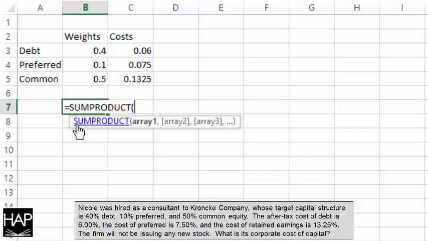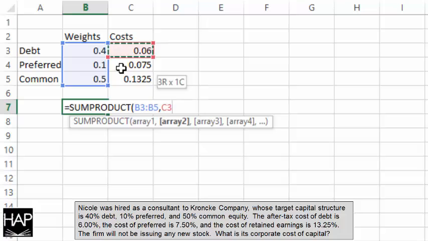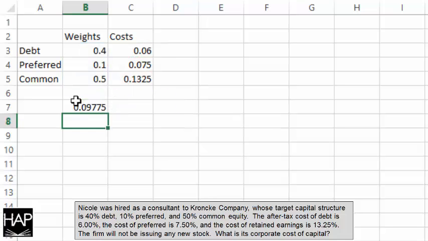And what that does is it allows me to select two arrays that will be multiplied with each other and then added. So I can take all of the weights as the array 1 and then use all of the costs as the second array. And again, I get the same answer of 9.78%.